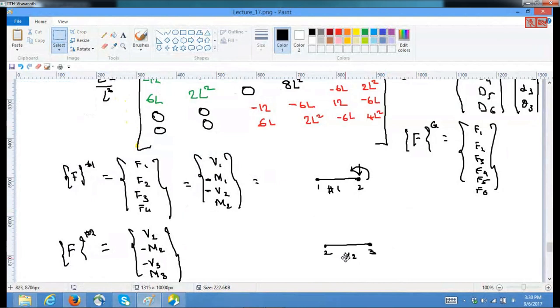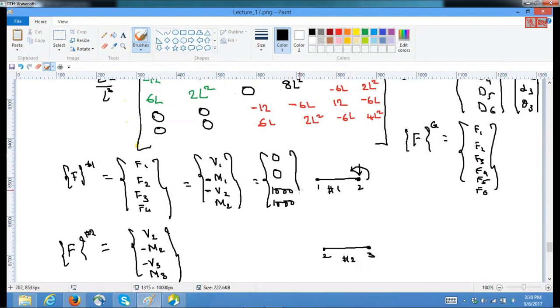So if I look at it, I see that for this one, there are no vertical loads at this place, so it is 0, and there is no moment, this is also 0, and the shear force at this point is 1000, and this moment is 1000.